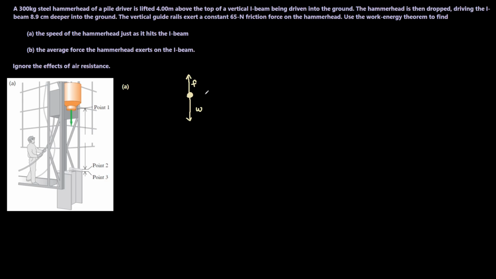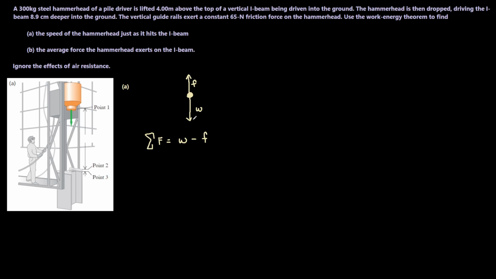Now that we've labeled the forces acting on the hammerhead, we can write our net force equation, which is the net force is equal to the weight minus the friction. And the reason we don't write it as the friction minus the weight is because the natural direction the hammerhead wants to go is downward.